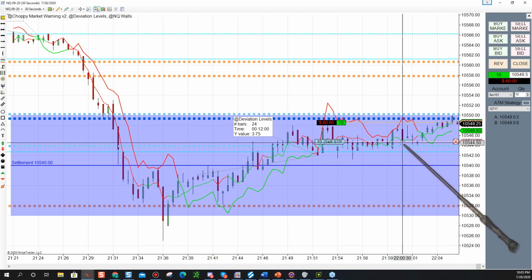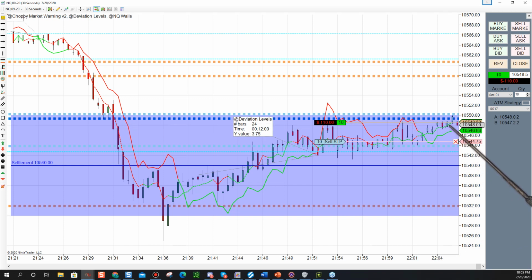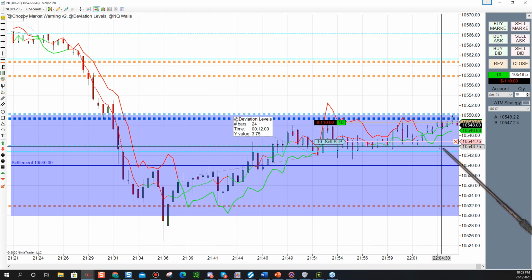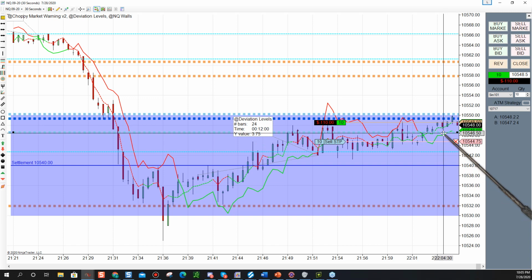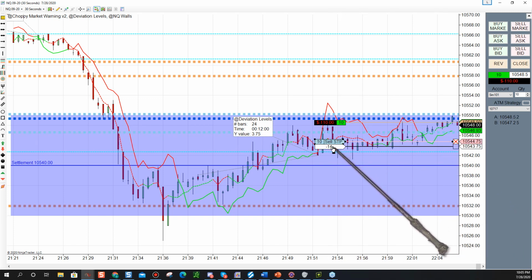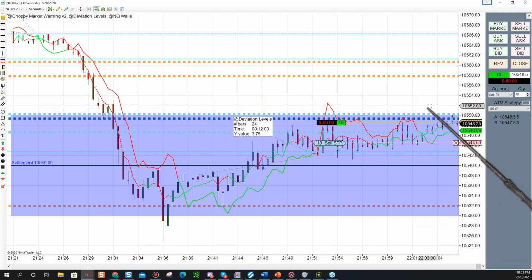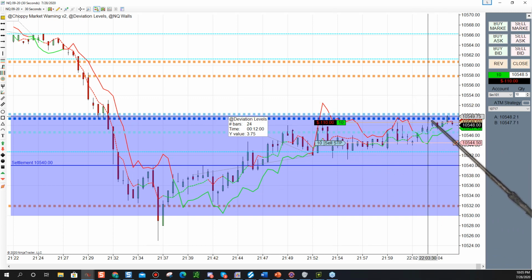Hit a sell stop. Where's the entry? The entry is right here. So my stop is going to be literally that line if it closes below it. Notice I have it a few points back just in case it touches it. So that's how the execution would work.